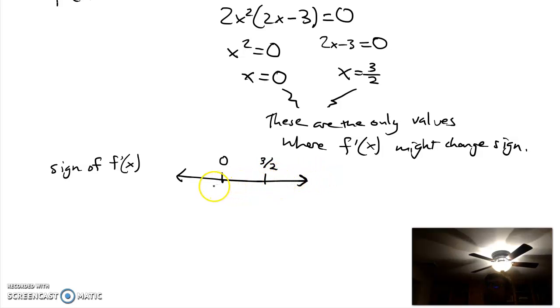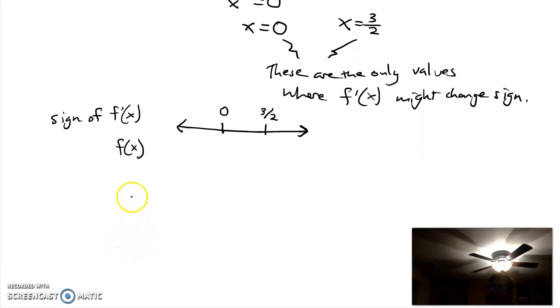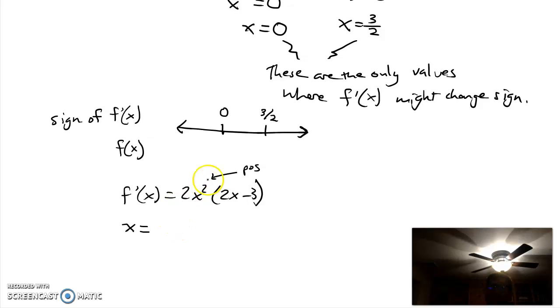I don't know. And then below I'll notate whether it's increasing or decreasing. So let's test this out. I've got f prime of x equals 2x squared times 2x minus 3. So this is always going to be positive because it's 2x squared. But let's try plugging in some of these values around it.